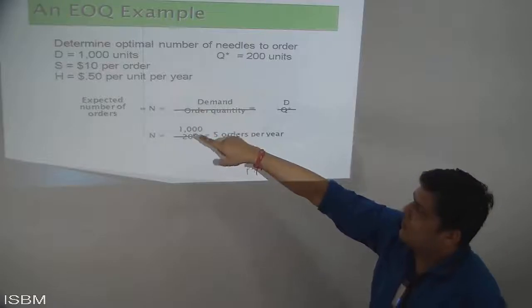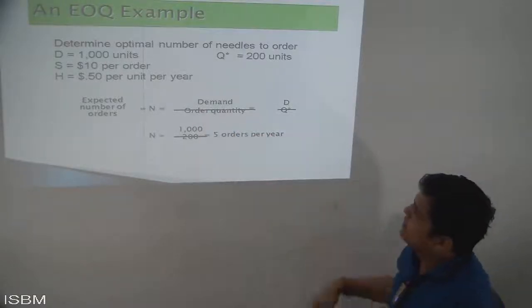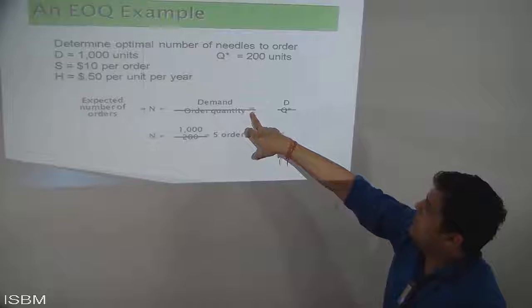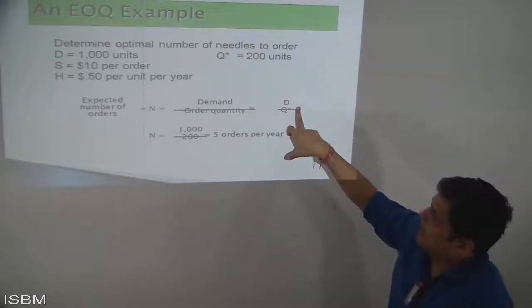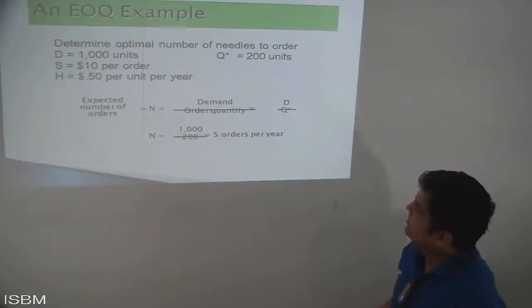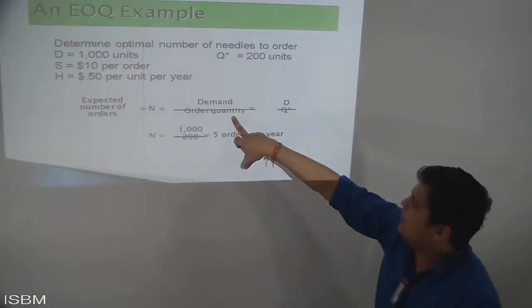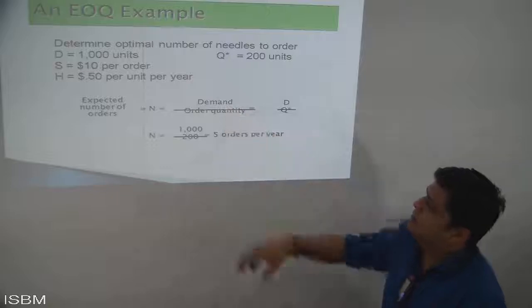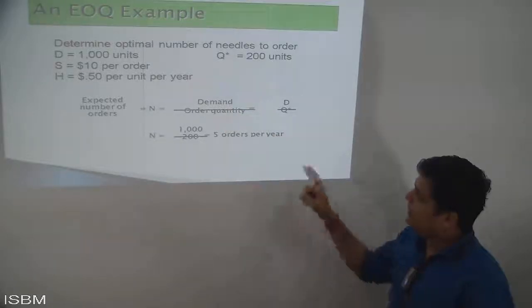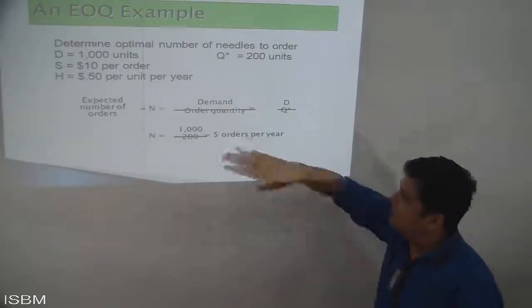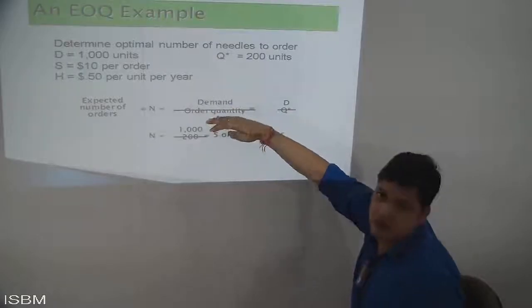So expected number of orders N. Number of orders is equal to demand D divided by Q. It is cut over here unfortunately, but it is demand upon order quantity.